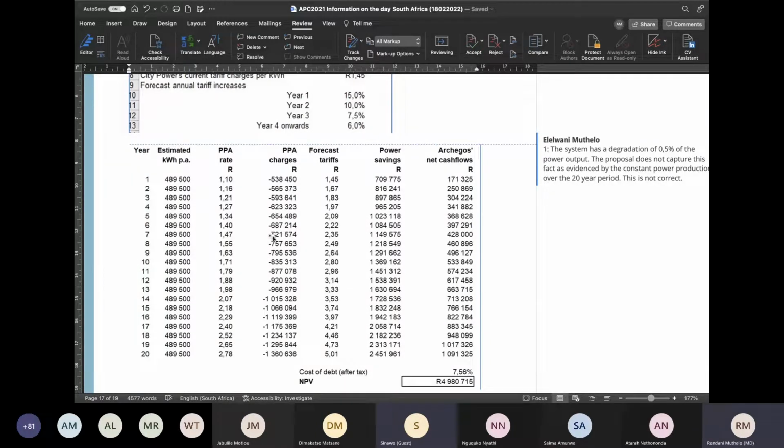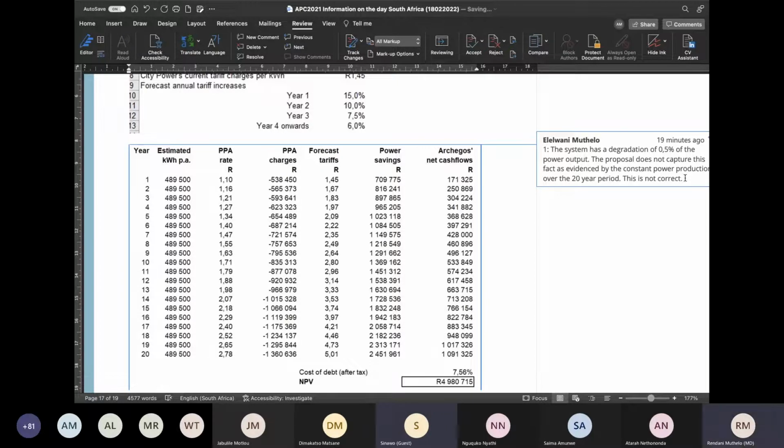So that's a minus. And the savings, it seems they did 709,775 divided by 1.45. How did they calculate the savings?